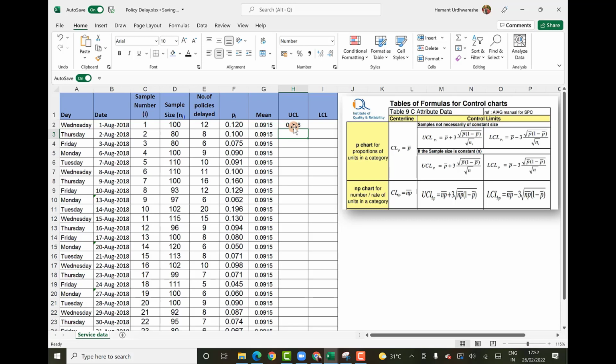So the upper control limit for the first day is 0.178.